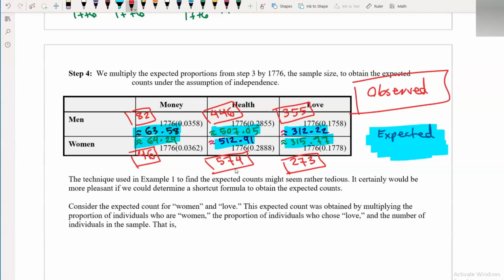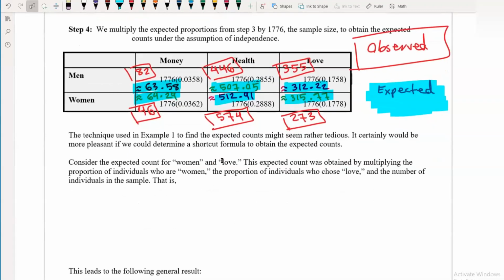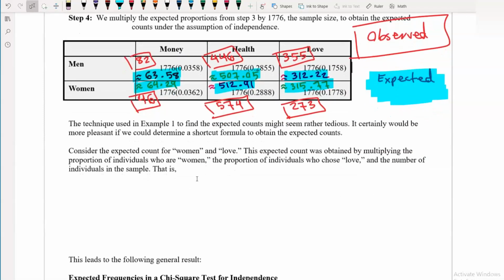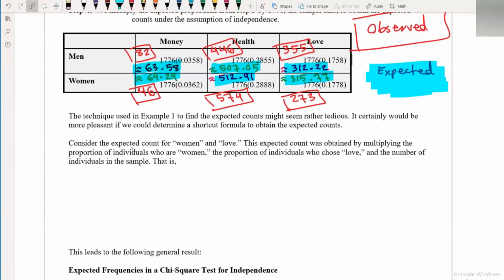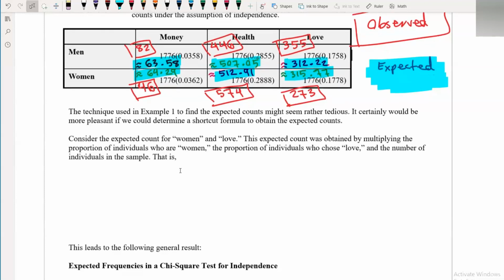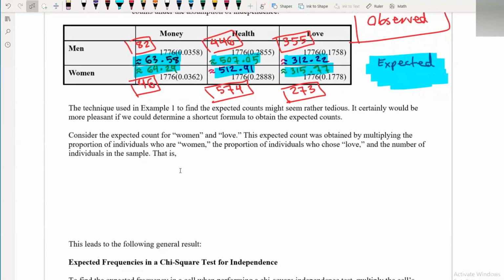So these are observed. And now here it says, consider the expected count for women and love. The expected count was obtained by multiplying the proportion of individuals who are women and the proportion of individuals who chose love and the number of individuals in the sample. So I'm writing what we have here, the expected count.